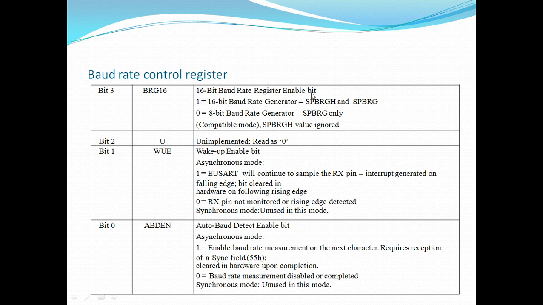If we are going for the 16-bit baud rate generator, that means 16 bits will be used for selection of baud rate. Otherwise, for the 8-bit baud rate generator, only the lower byte register is used for selection of baud rate. These are the registers which are used for selection of baud rate. That means calculated baud rate values can be loaded inside these registers, for configuring serial communication with the desired baud rate.